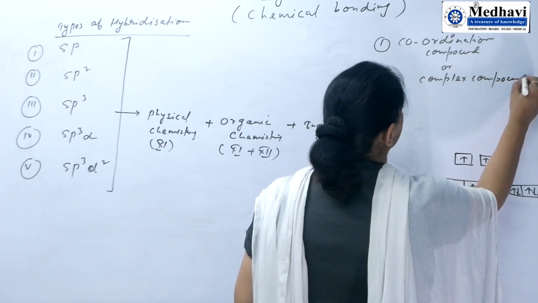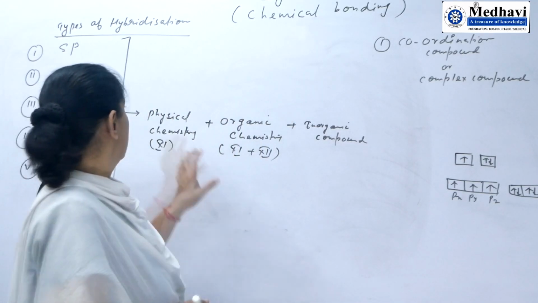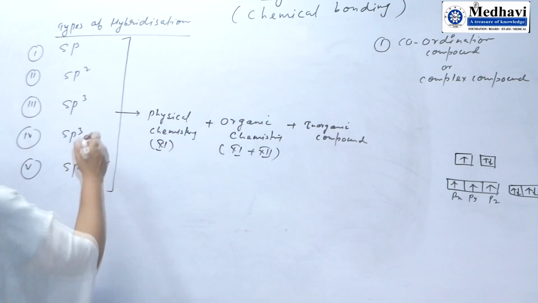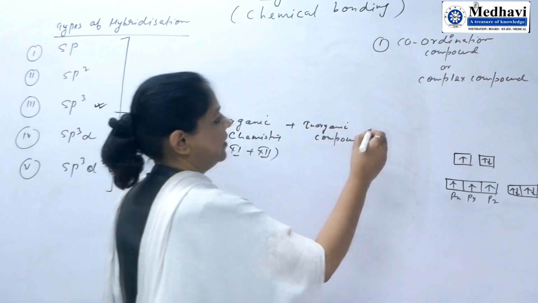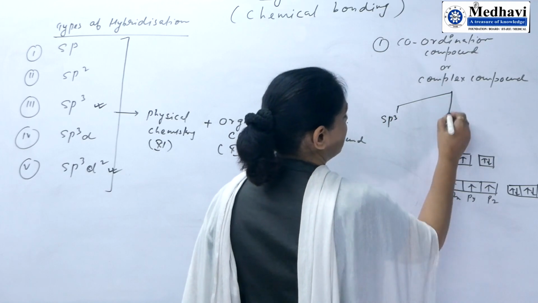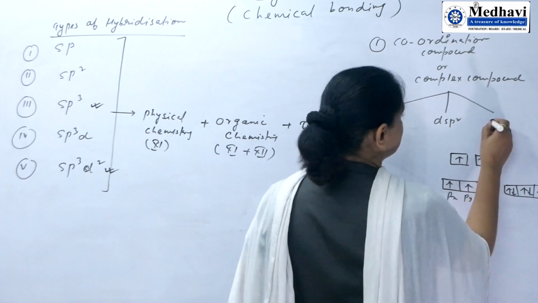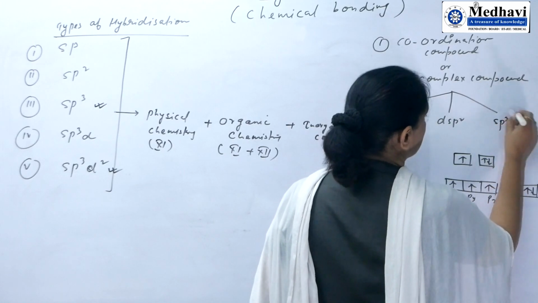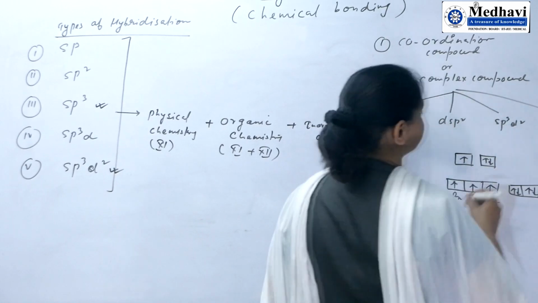In this chapter, sp3 and sp3d2. The types of hybridization: sp3, then dsp2, then sp3d2, and the last is d2sp3.